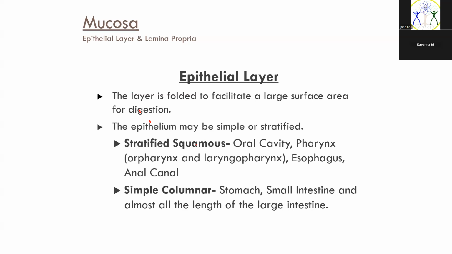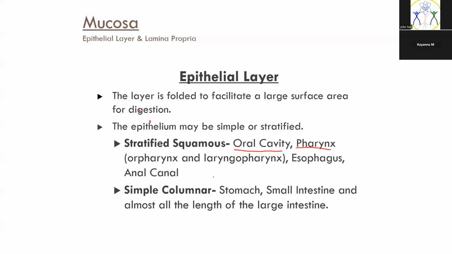But if you go back from the oral cavity, you're going to get stratified squamous, of course, because as you're chewing, the food is abrading the inside of your cheeks. The pharynx, of course, will also contain stratified squamous because, once again, swallowing, the food is still in reasonably large chunks and not properly processed, so it can also scrape the pharynx.